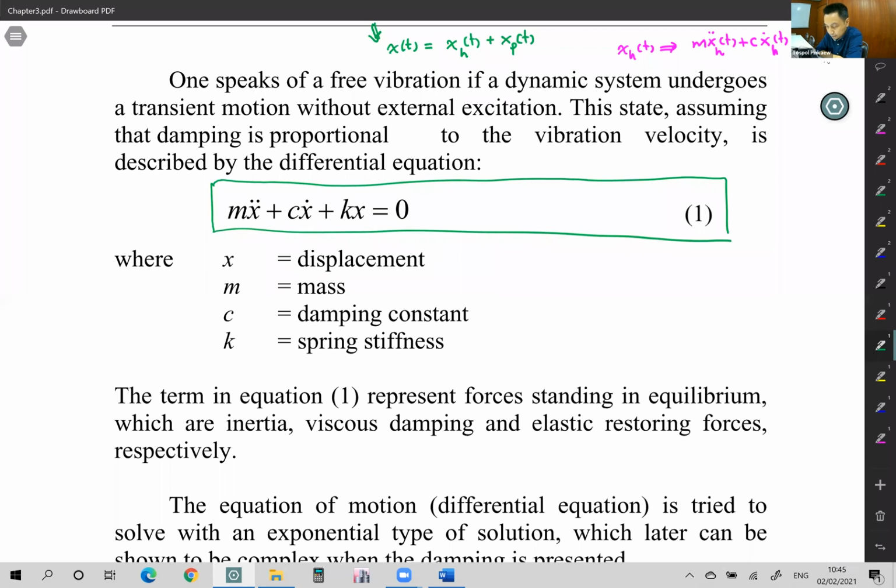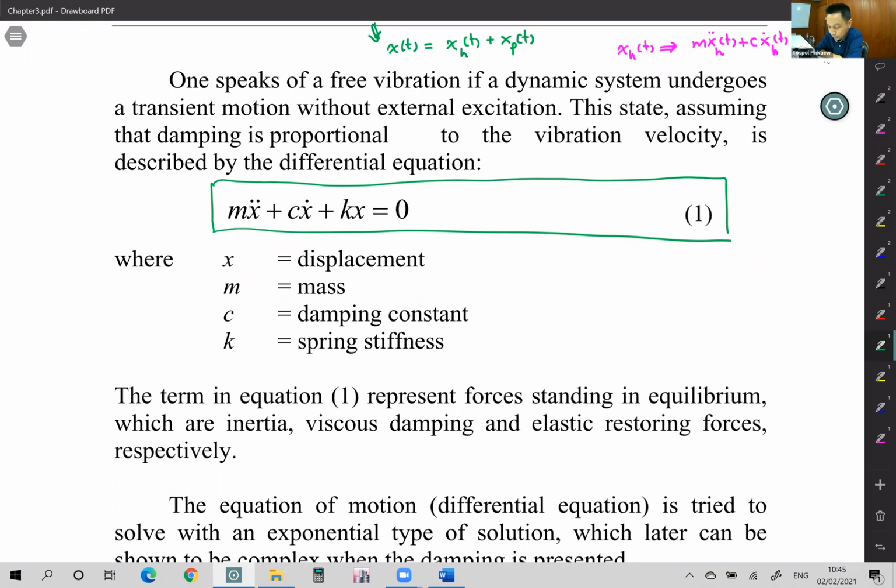The governing equations that explain how your building moves under the initial velocity, initial displacement, or the vibration remaining after you remove the loading, are described by equation number 1.